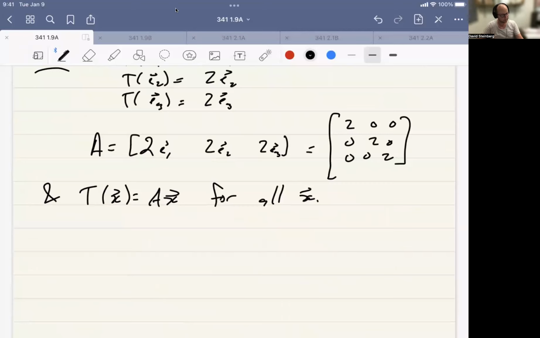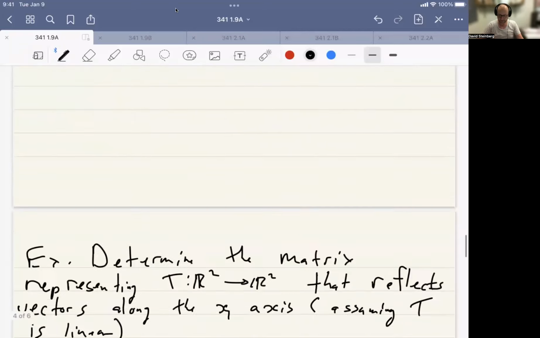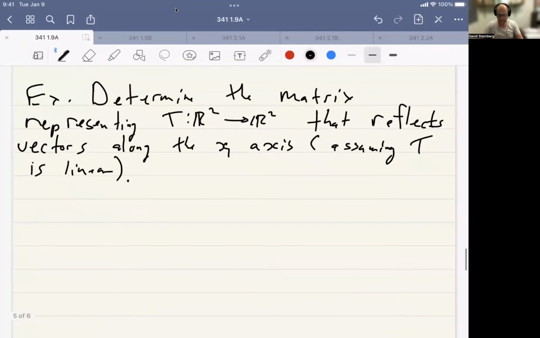Boom. One more example. Yeah, okay. We want to determine the matrix representing the transformation from R2 to R2 that reflects vectors along the X1 axis. Here, we'll have to assume this is linear again, but that's okay. So what I mean by reflecting, let's make sure we understand the assignment. We've got our axes here.